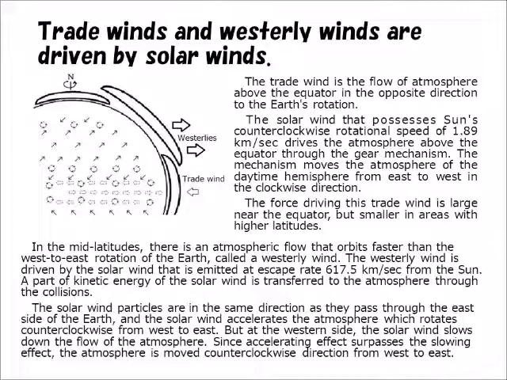The solar wind particles are in the same direction as they pass through the east side of the Earth, and the solar wind accelerates the atmosphere, which rotates counterclockwise from west to east. But at the western side, the solar wind slows down the flow of the atmosphere. Since the accelerating effect surpasses the slowing effect, the atmosphere is moved counterclockwise from west to east.